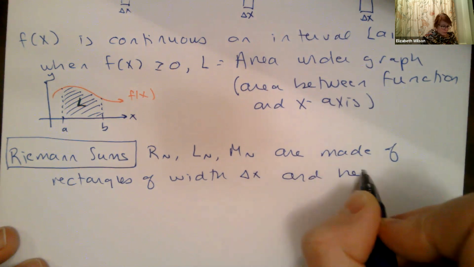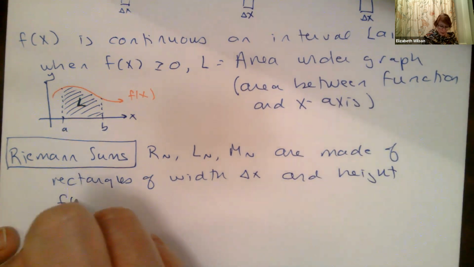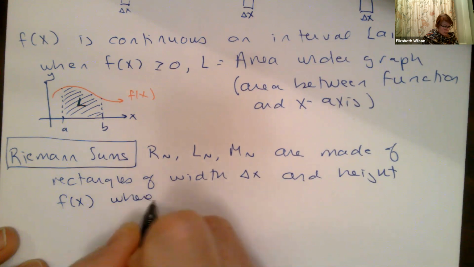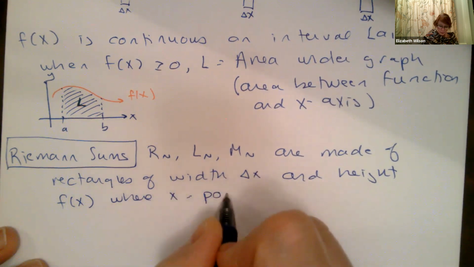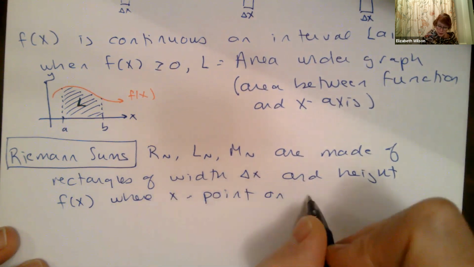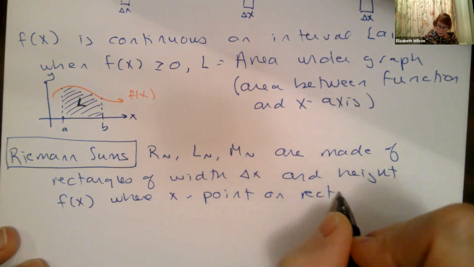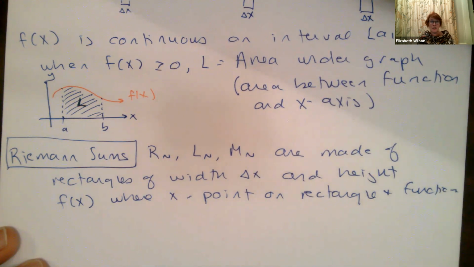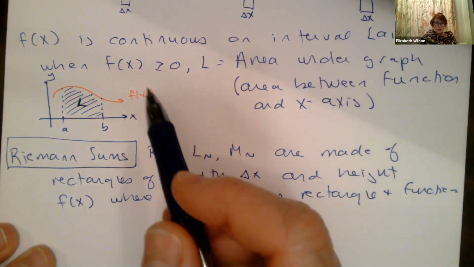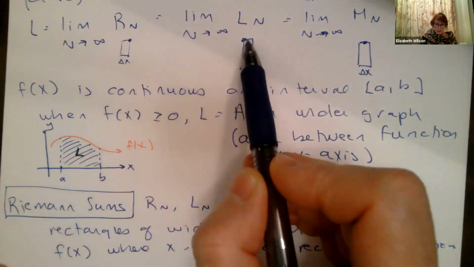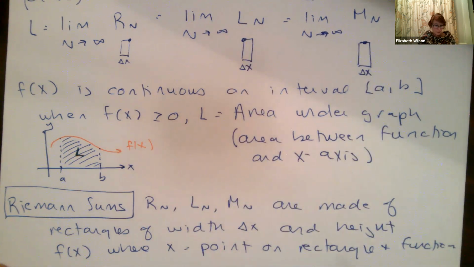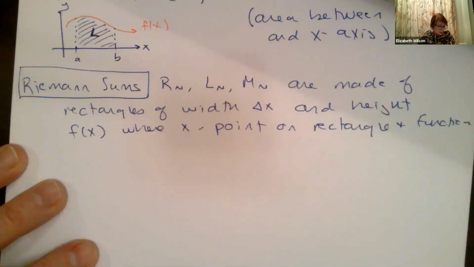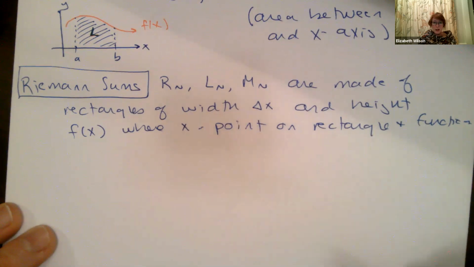And height, f of x, where x is a point on the rectangle and the function. So it's where the rectangle hits the function, essentially, right? Like we did here, it's the right, the left, the middle. This is where our function passes through. So it hits that spot. The delta x's are constant.